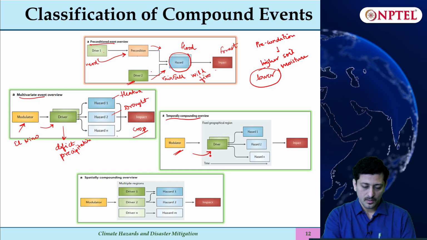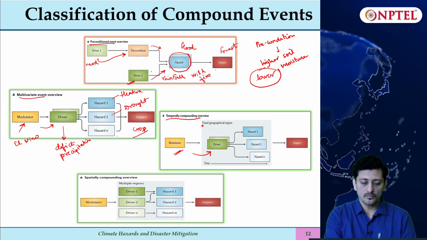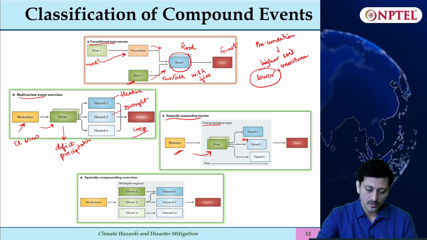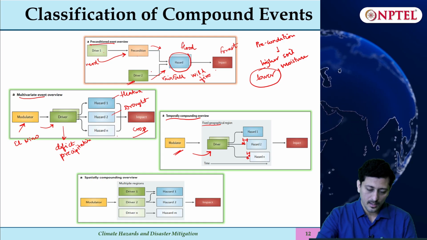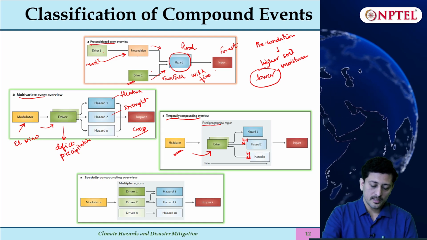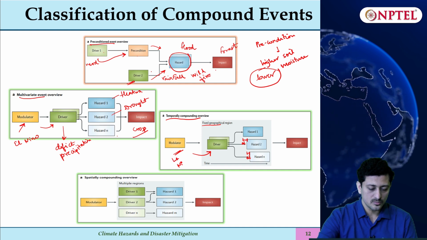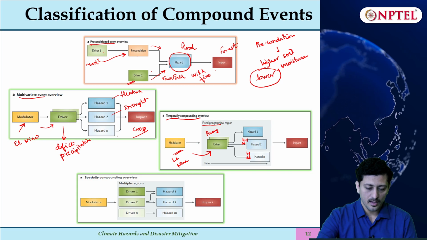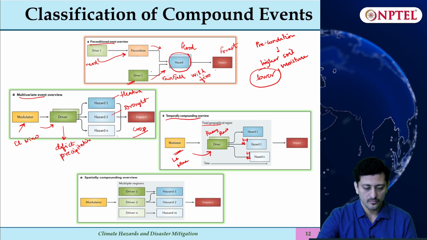Next is temporally compounding, where you have a modulator. It enforces a driver and the hazards. Now in a fixed geographical region, they will temporally compound over a certain period of time. So this time period delta t will be there, that is, one coming after the other. Let us say the modulator is La Nina conditions which are bringing heavy rainfall, so atmospheric conditions are such that there is heavy rainfall.